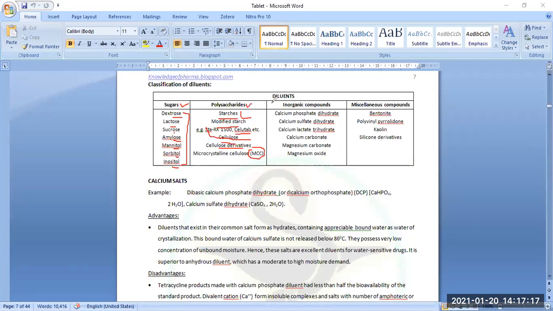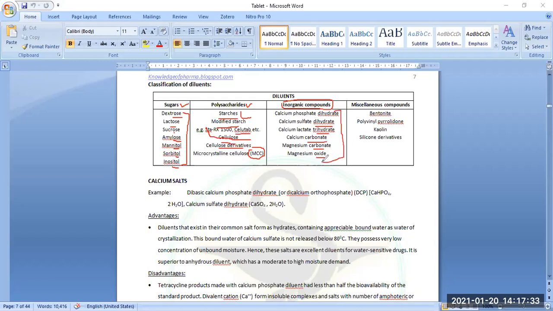Okay, these are the polysaccharides which are used as a diluent. Some inorganic compounds like calcium phosphate dihydrate, calcium sulfate dihydrate, calcium lactate, calcium carbonate, magnesium oxide.